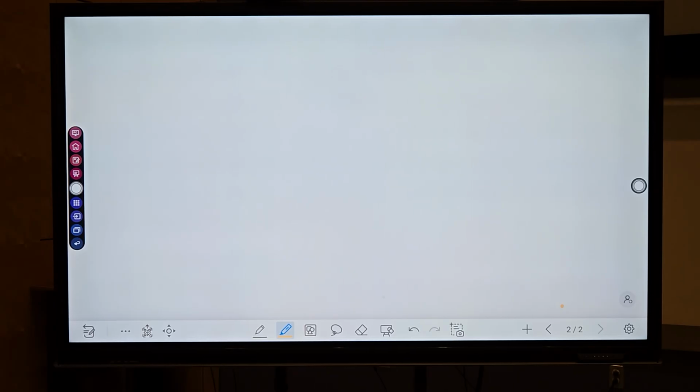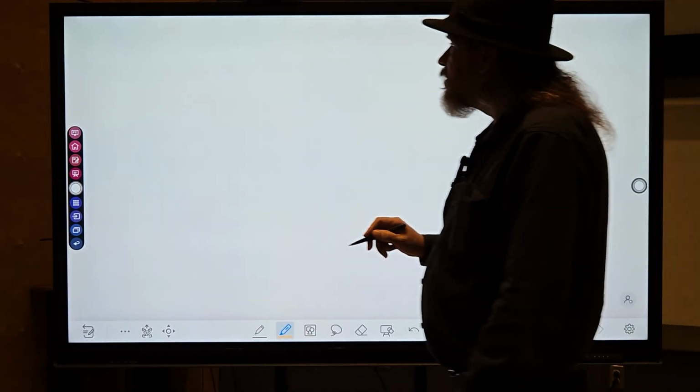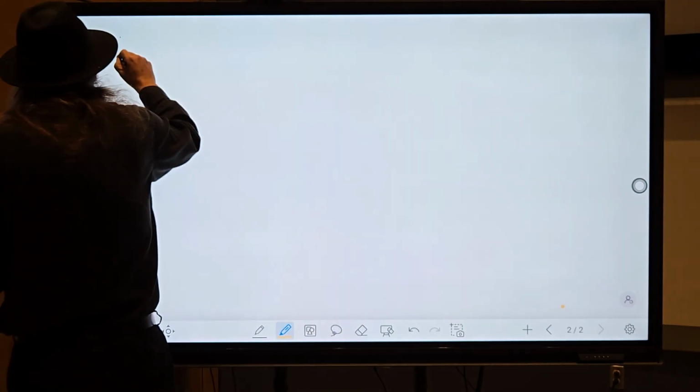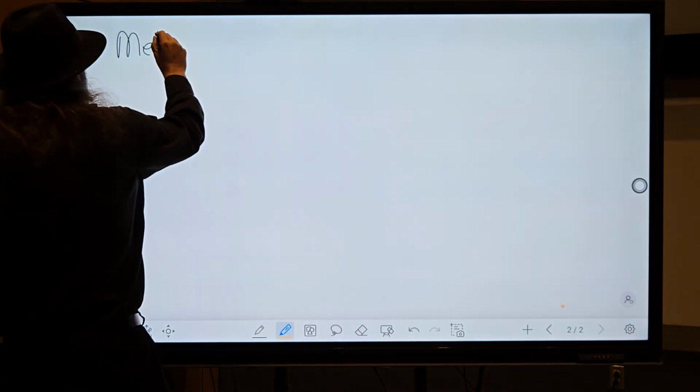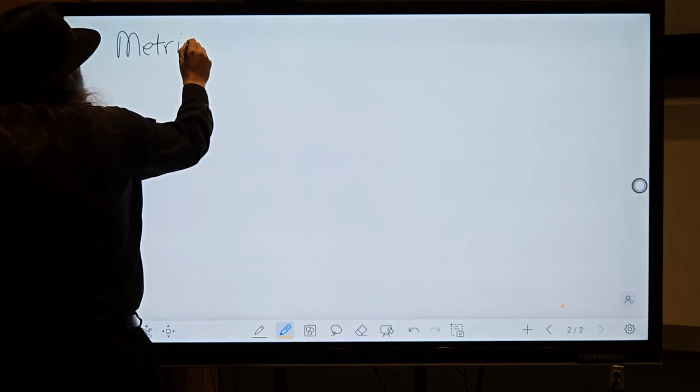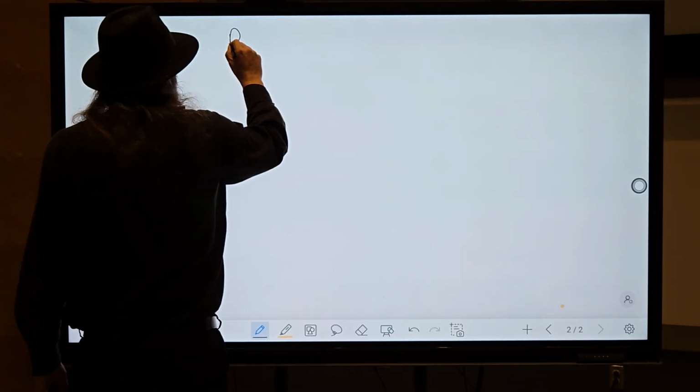So you use prefixes to shrink or enlarge them.